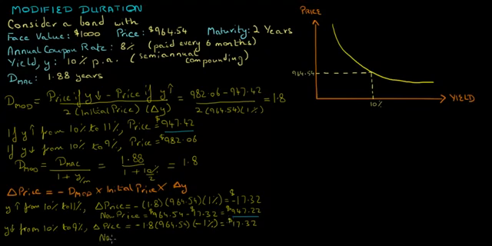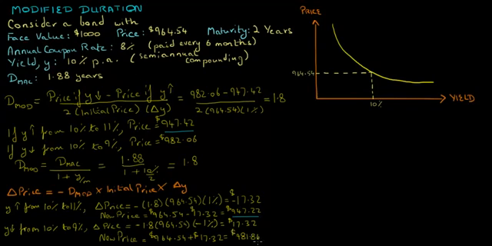So the new price equals the original price of $964.54 plus $17.32, and this equals $981.86.